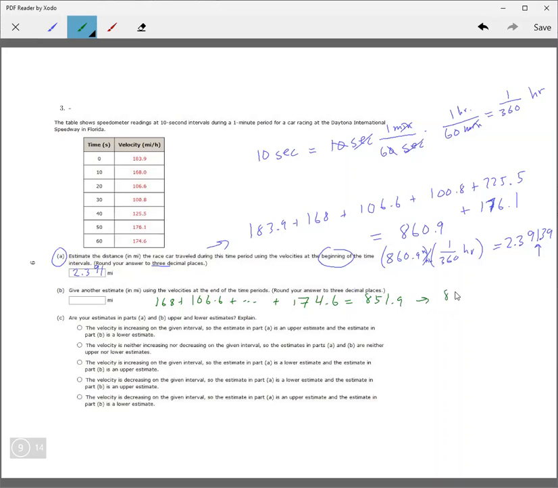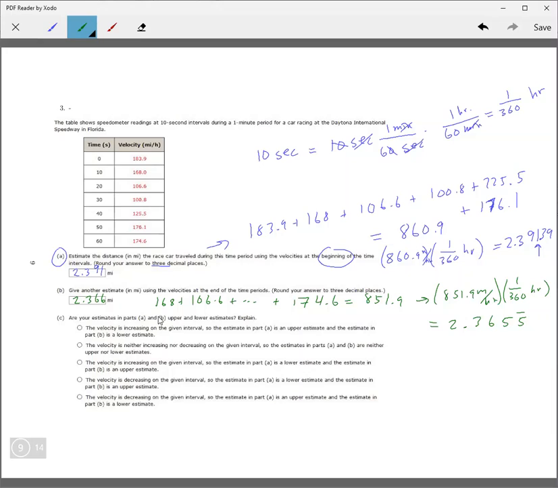And then I'm going to take this 851.9 miles per hour, and then I multiply that by 1/360 hours. And that's approximately 2.3655. Looks like we're repeating 5. So 2.366 would be the answer there.